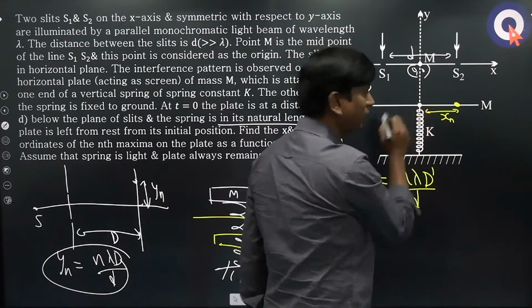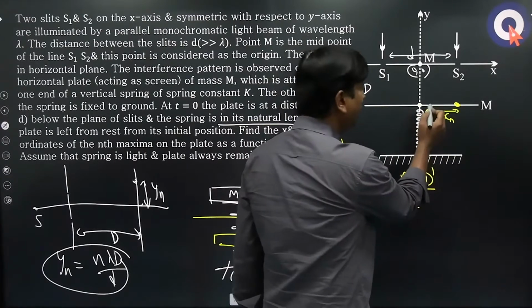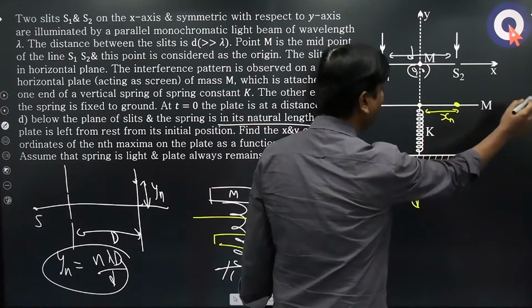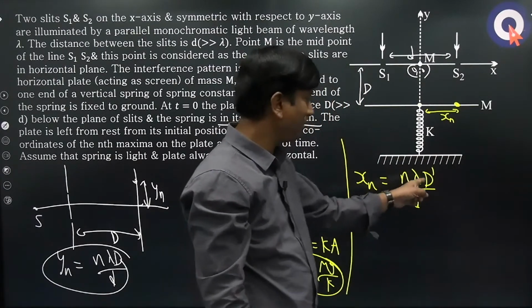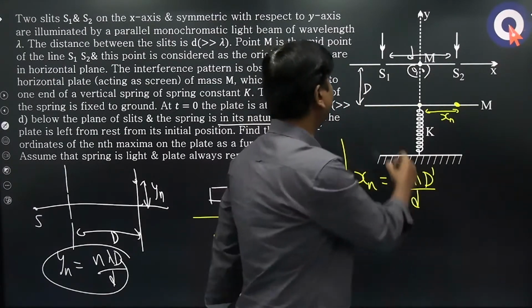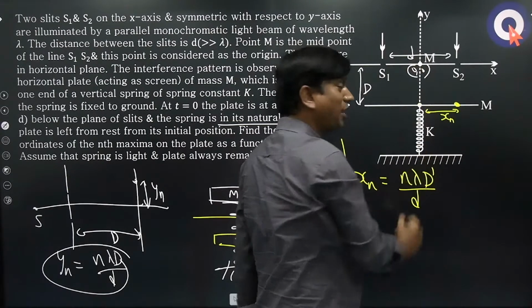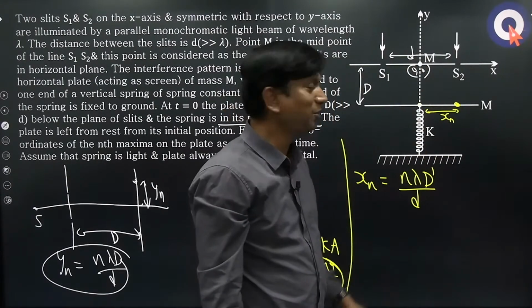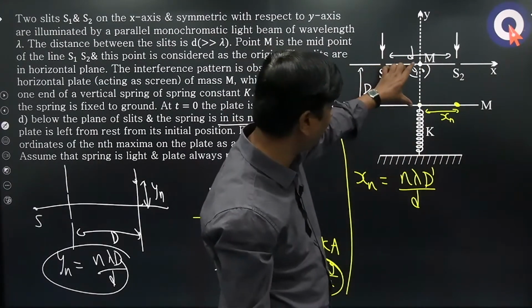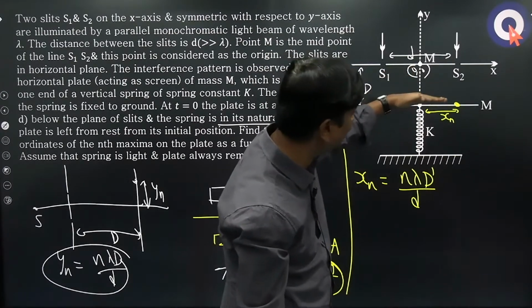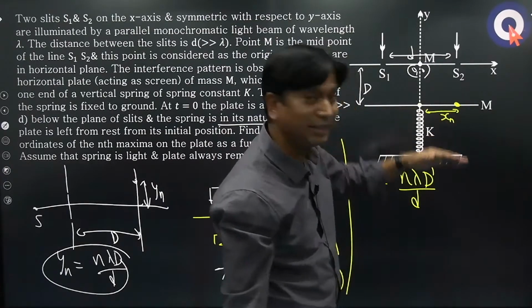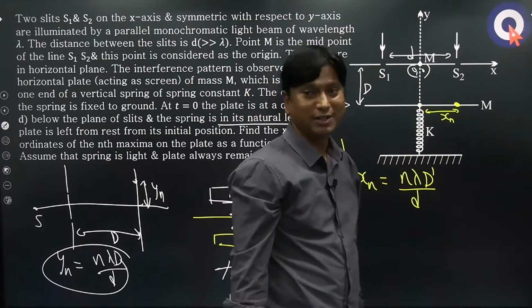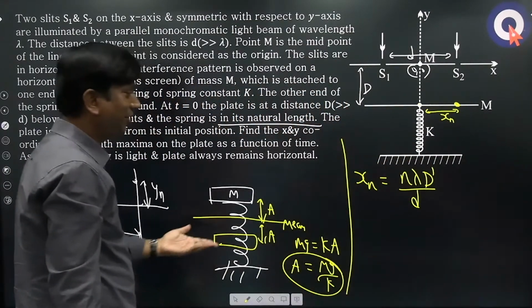Central maxima will be here only, and here you will get first maxima, second maxima, third maxima, and this side also. You are talking about the nth maxima: n lambda D dash by d. D dash is because it keeps on changing with respect to time. The distance between the plane of the slits and the screen is changing with respect to time.